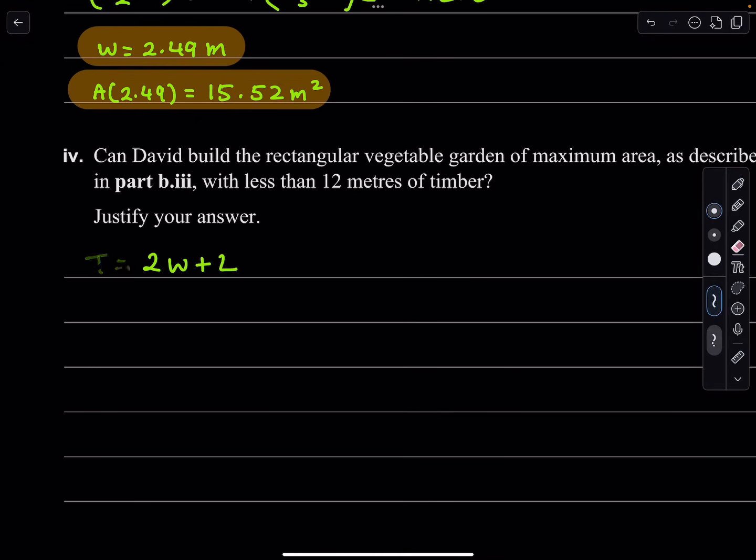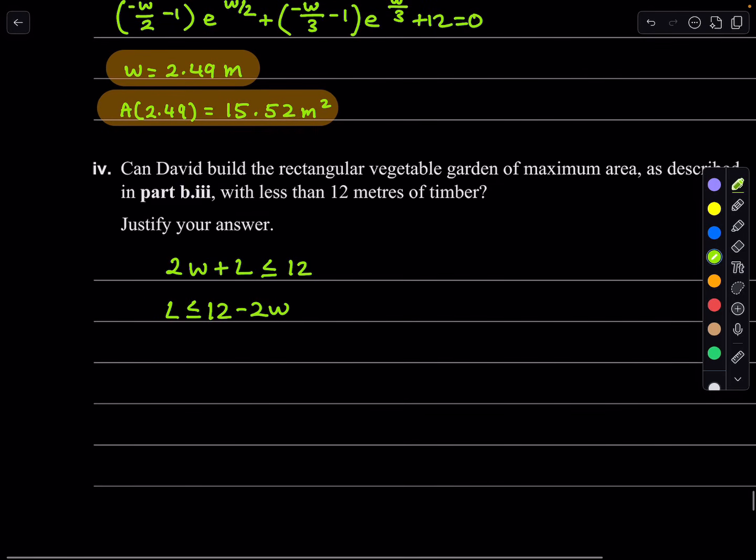Which, of course, I'll write as timber equals this. Now, we're saying that we want to build it with less than 12 meters of timber. So we want this part here to be less than 12. And so you get this inequality where you can bring that 2w to the other side. So we want to check: do these values for maximum area satisfy this inequality?